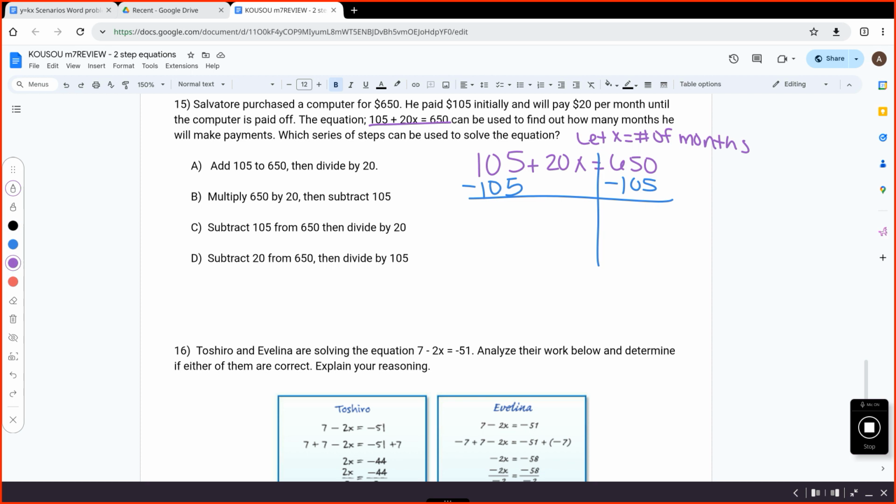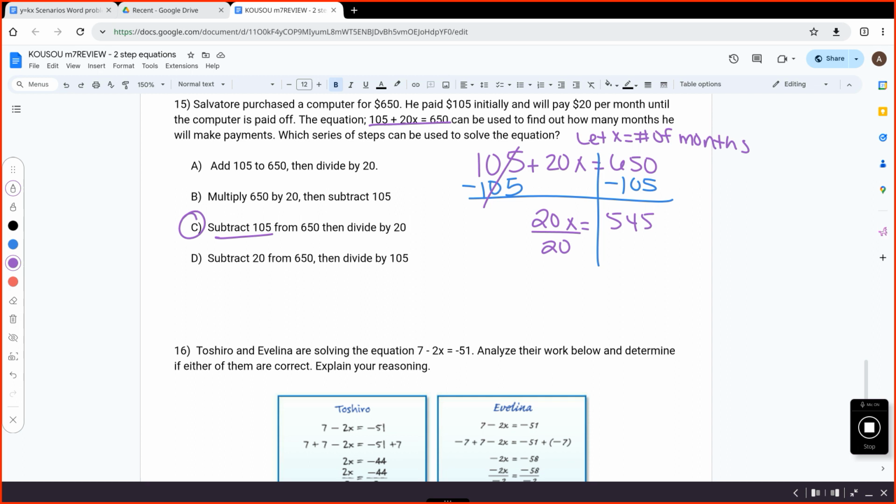All right, so which one of these starts off with subtracting 105? Actually, it's right here, C. C is the only one that starts with subtracting 105. All right, 20x is equal to 650 minus 105. So 650 minus 105 gets us 545.